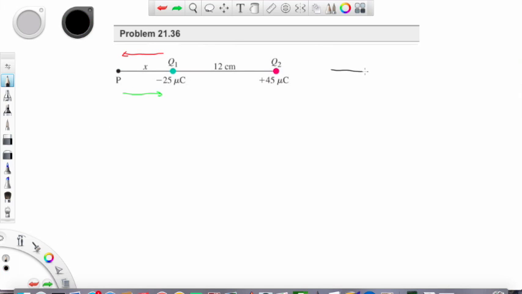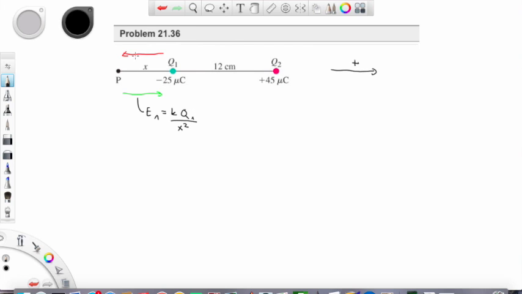Let's define our positive direction to be to the right. In that case, the electric field produced by the negative charge is positive, and let's call that E1. It is k times the magnitude of the charge divided by the distance between these two points, which is x, squared.